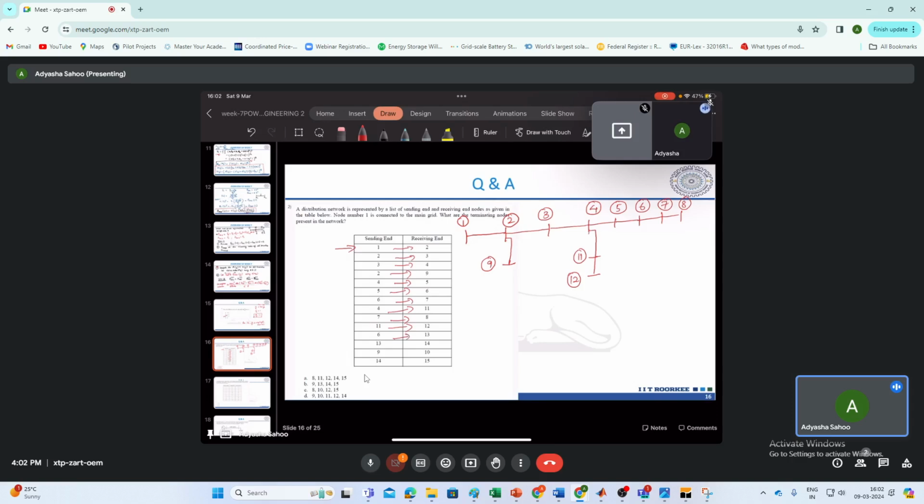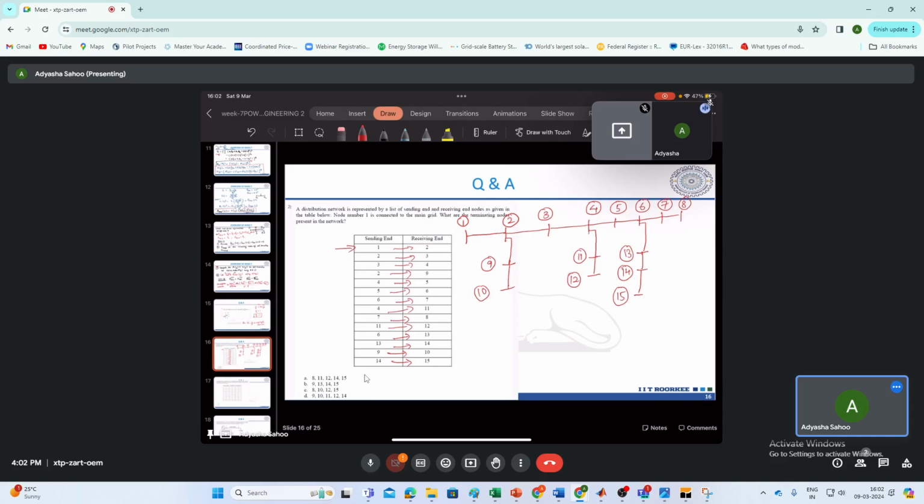Then 6 to 13, another lateral branch, and then 13 to 14. Then 9 to 10. 8 to 9 was not there. Oh, 9 is here, yes, 9 to 10. Then 14 to 15.